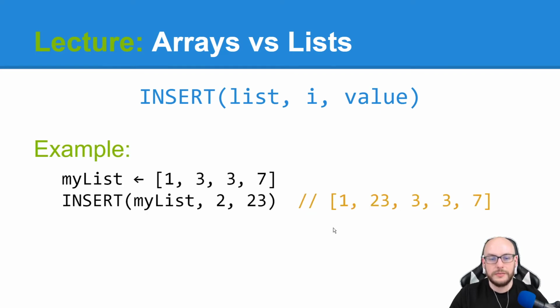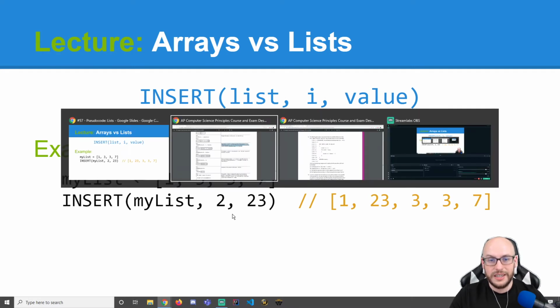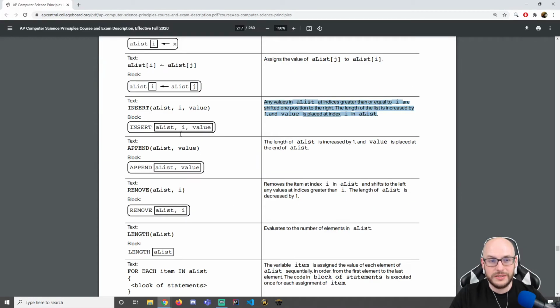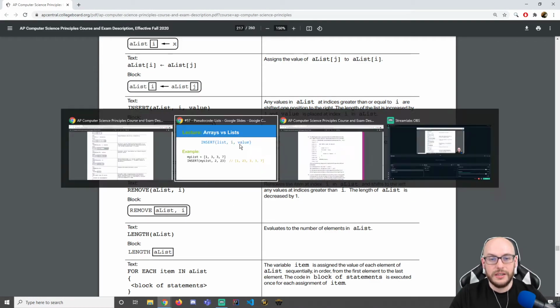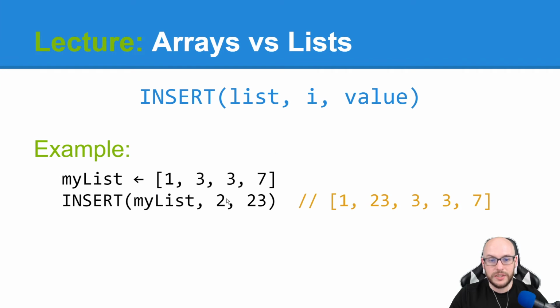Let's look at an example. Okay. Let's say that my list starts out as 1, 3, 3, 7. I'm going to insert into my list at index I, value 23. Now, I would be careful with these. Make sure you keep them straight. Again, it is on the document, right? I, value. And it's a good thing that we have practiced using I to indicate an index, right? You could very easily see these two things getting mixed up and it being a little bit confusing.